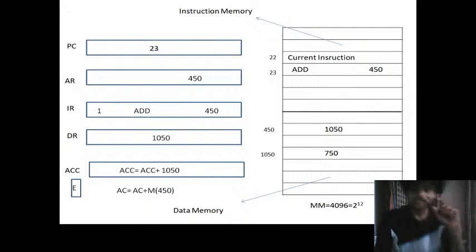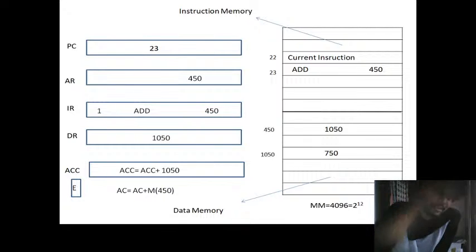This additional register is the extended accumulator. If you recollect your 8086 architecture, there is something called EA. EA stands for extended accumulator. Here, the extended accumulator is only 1 bit.